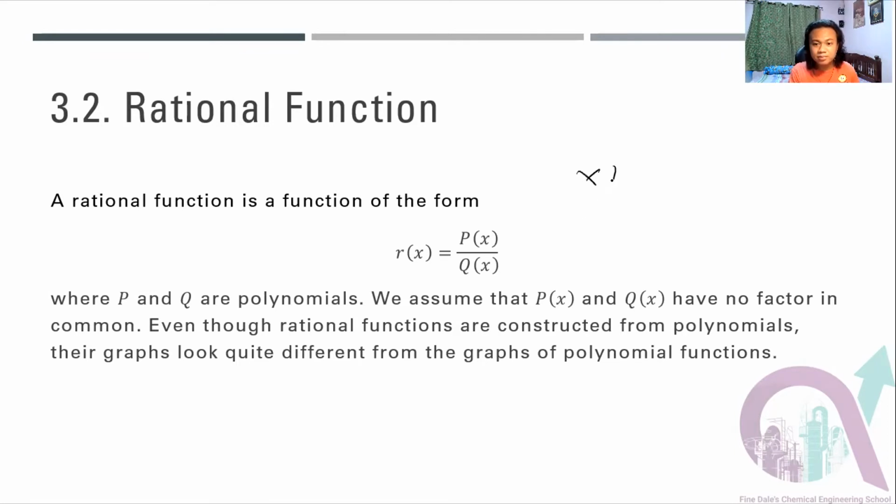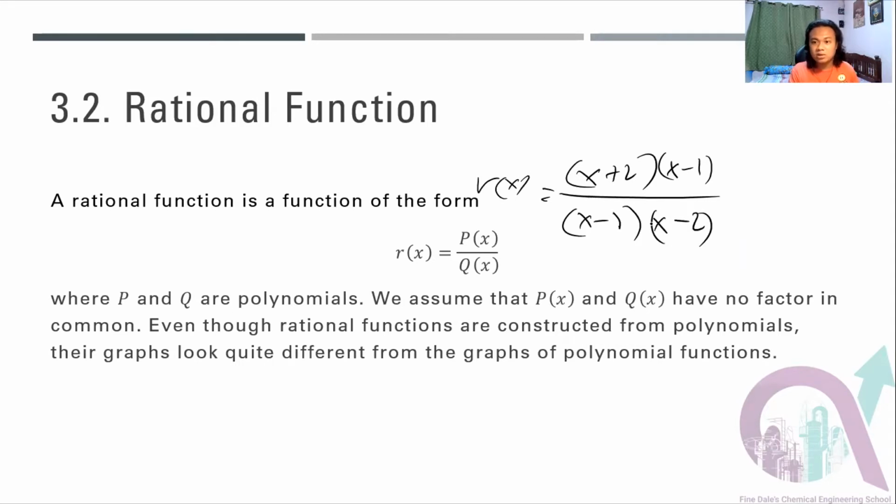For example, we have x plus 2 and x minus 1 in the numerator of r of x, and x minus 1 and x minus 2 in the denominator. There should not be an x minus 1 in both. There must be no common factor in the numerator and denominator.